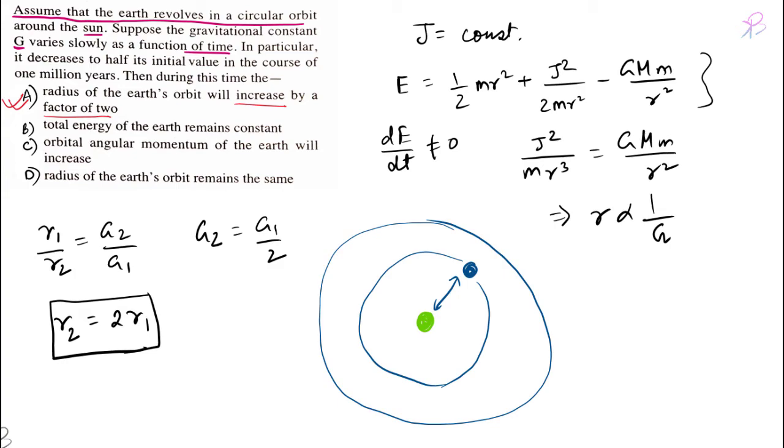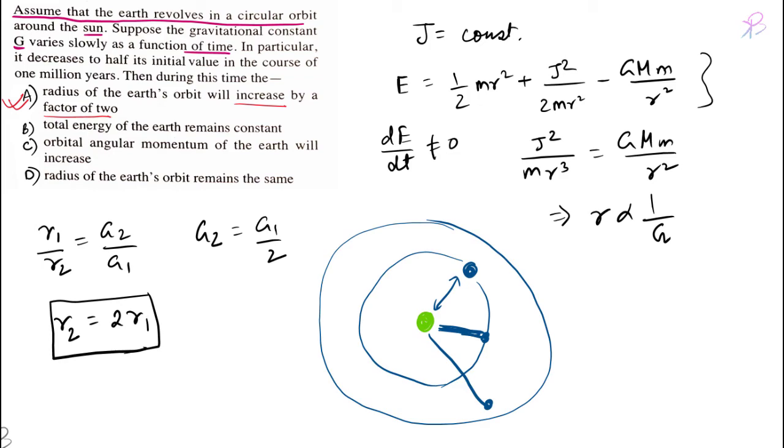Let's say you have a very strong string, and you are spinning a stone. So it will spin, but if the string is like a spring, or it is a very thin string, then it will stretch and the radius will be higher. So definitely the radius will increase if the value of G decreases with time.